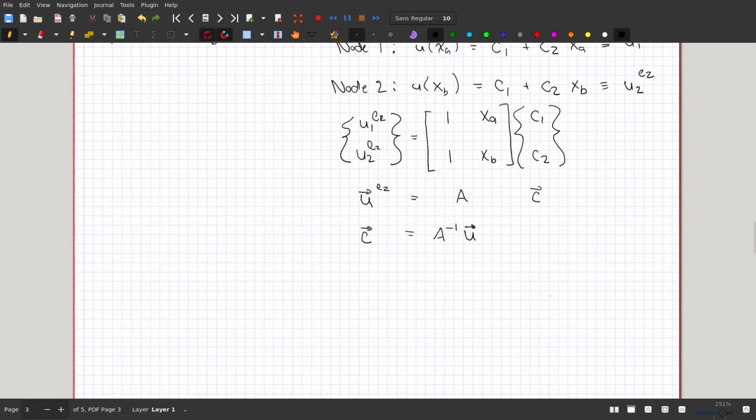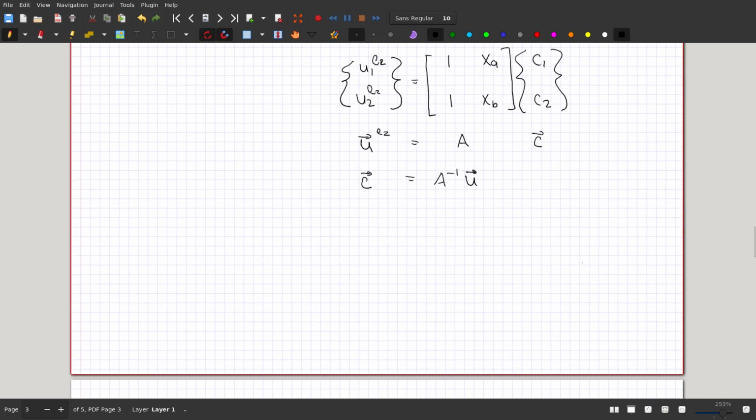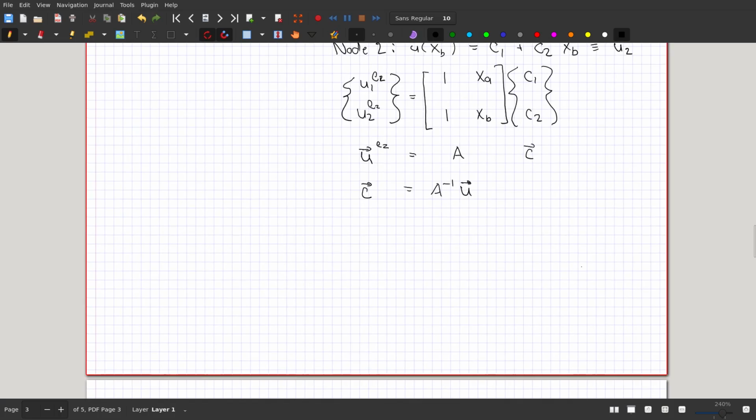So for this problem, if we worked out what C1 is, or if I wrote down what C is, we could do it symbolically in Mathematica or whatever, but I'll just write down the solution.